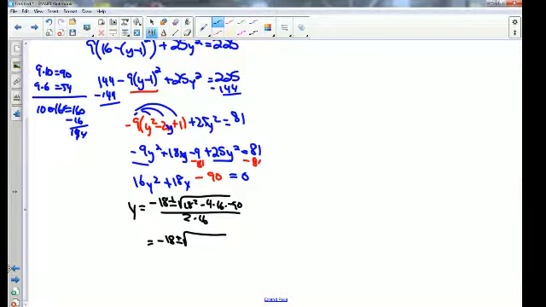What's the other? I factorized it. You factored it? Yes. 16y minus 30 and y plus 3. Yes. Let's check it.